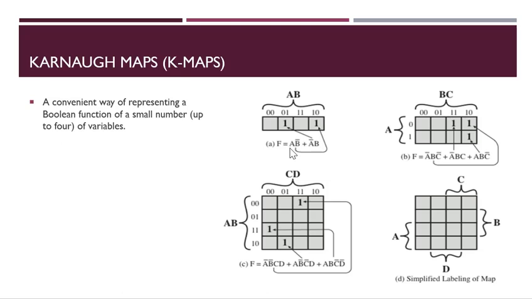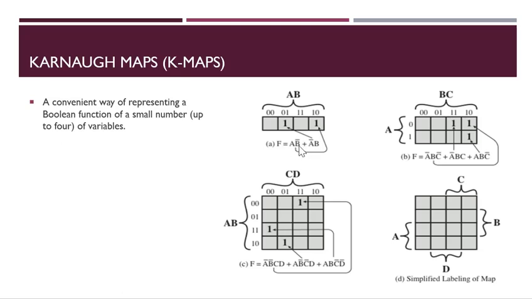Because you AND the inputs within a term and you OR the terms. You have term 1 and term 2. So you OR the two terms, which means this is an SOP canonical form, right?